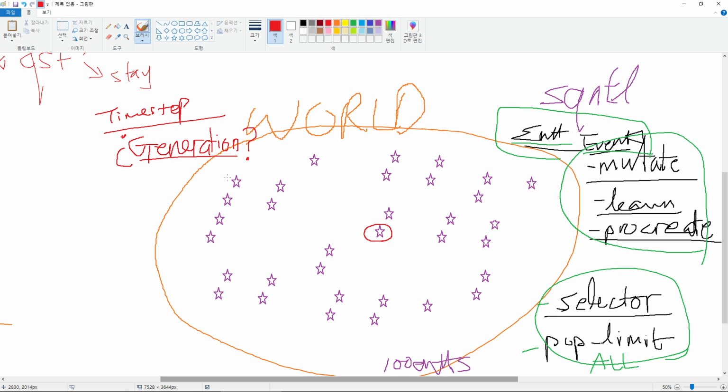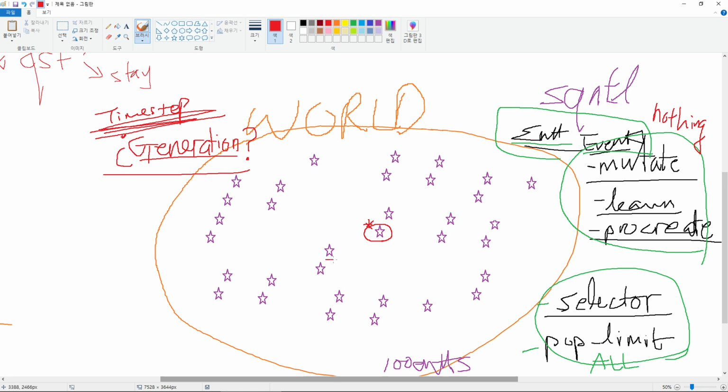Within one time step, for this specific entity right here, this entity can actually do anything, including nothing, actually. This entity can do anything or nothing in this specific time step.